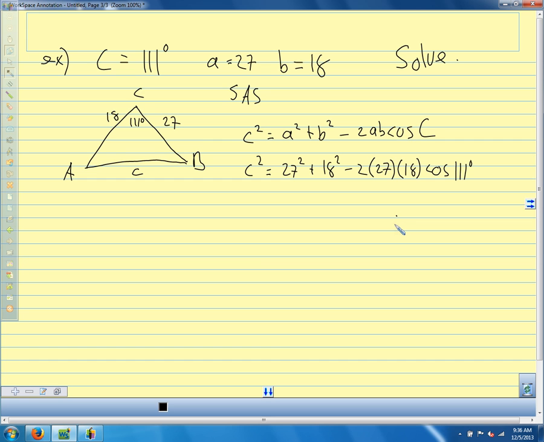So for this one, when I calculate this out, C squared is approximately 1404.33. Take the square root, so C is about 37.43. And now I can finish the problem with the law of sines.